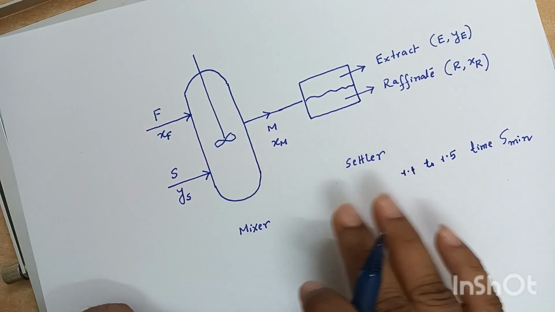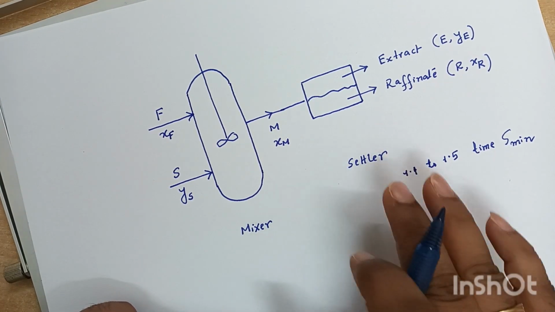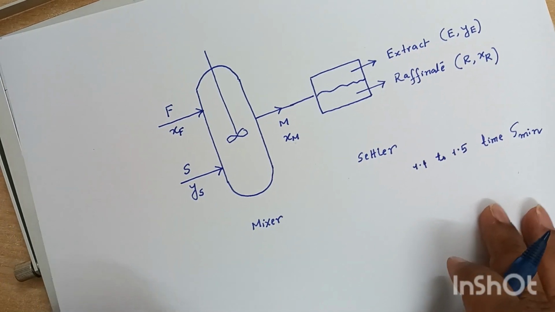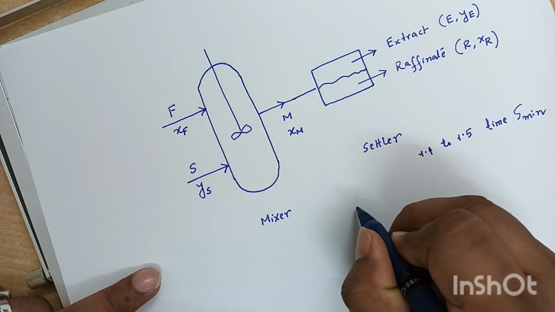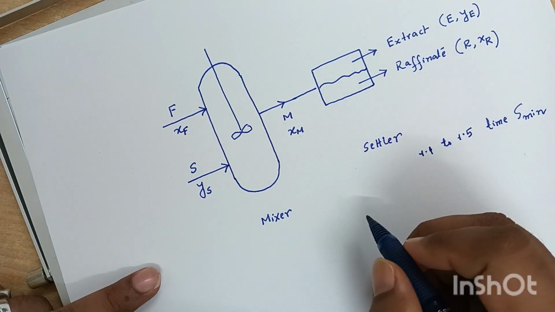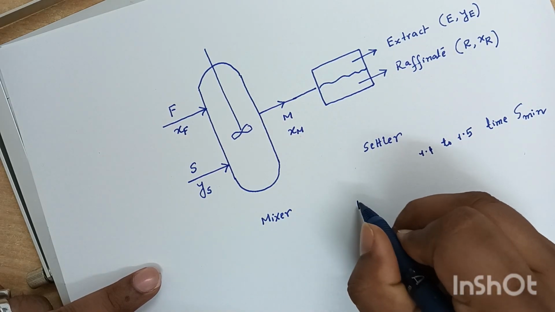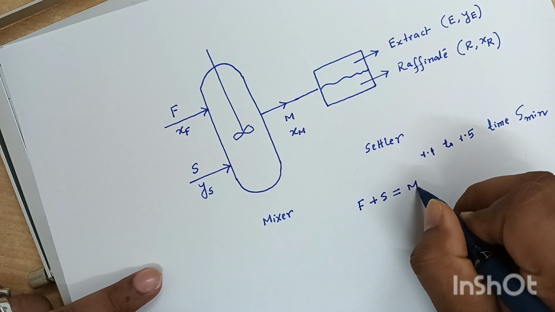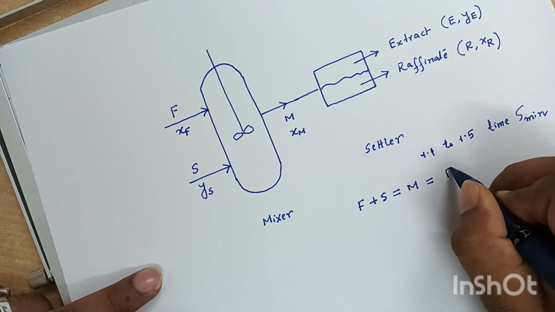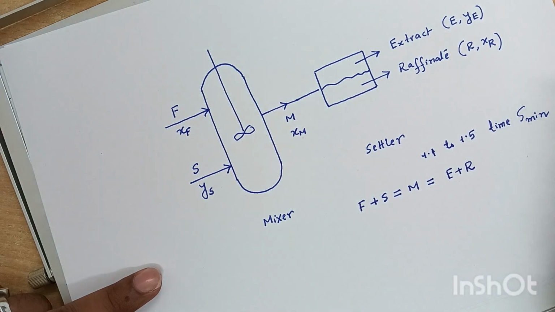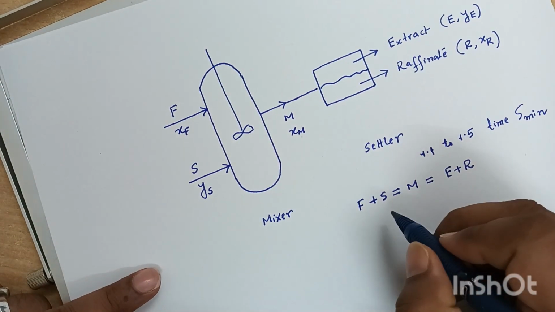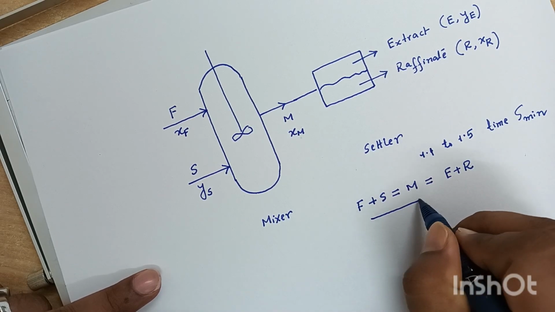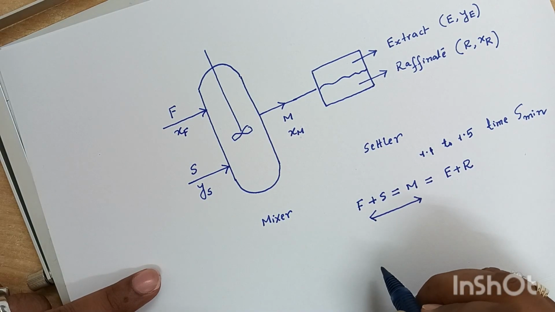Now according to the schematic, let us do an overall material balance and a component balance for two different scenarios. In the first scenario, suppose the overall solvent flow rate is given, so the material balance will be F plus S is equal to M is equal to E plus R. Now since we are largely focusing on finding out the solvent flow rate, we'll consider this part of the equation.